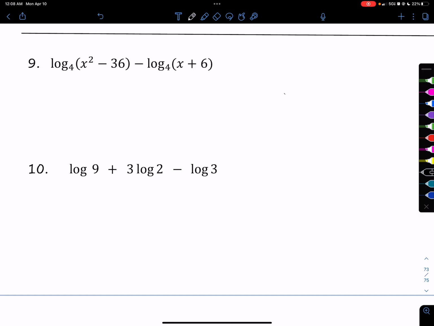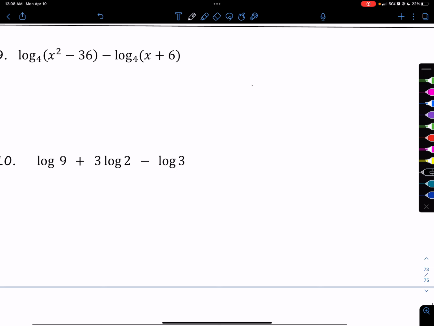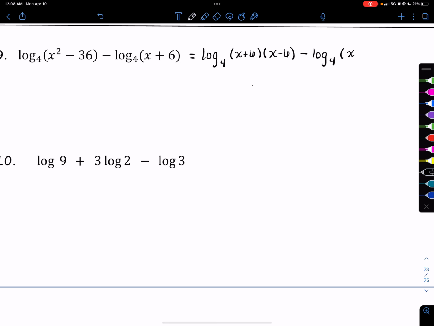So when I write this in expanded form for number 9, I will have log base 4 of x plus 6 times x minus 6, minus log base 4 of x plus 6.